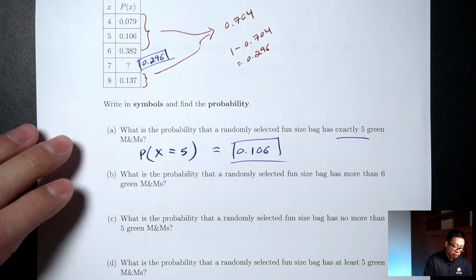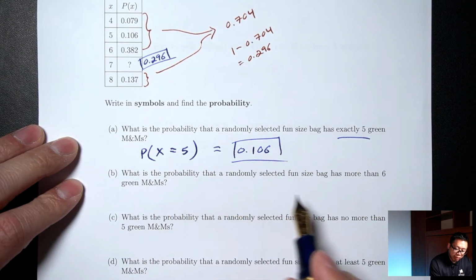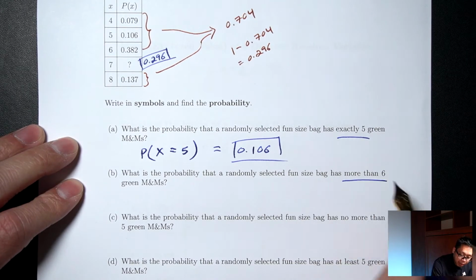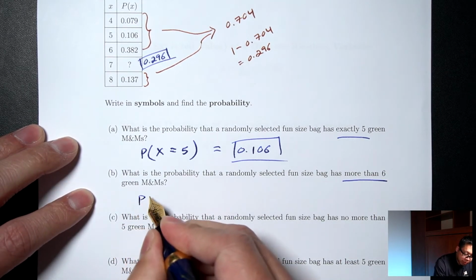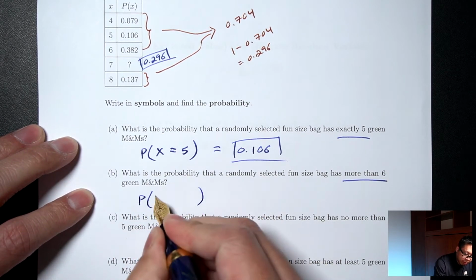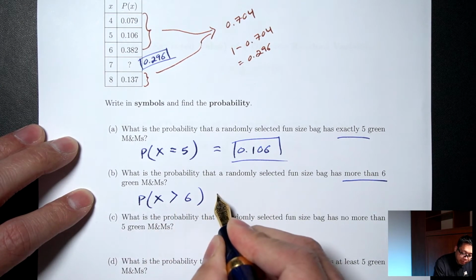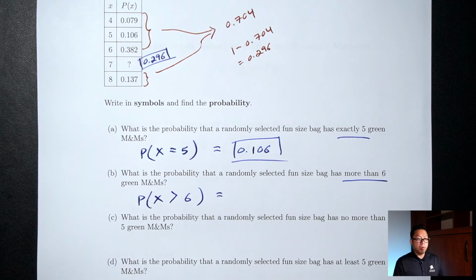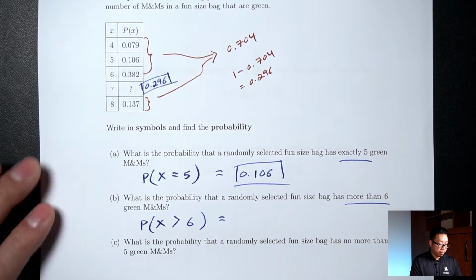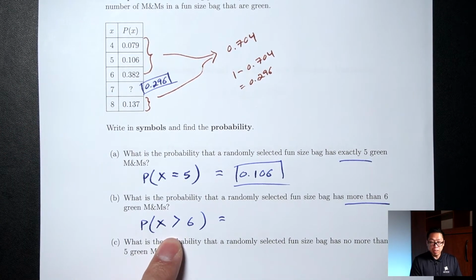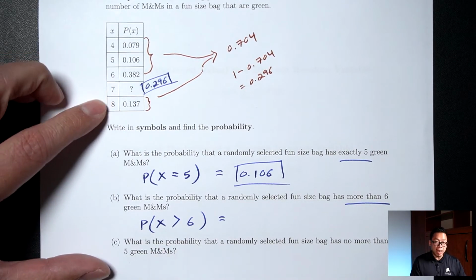Part B. What's the probability that a randomly selected fun-sized bag has more than 6? In symbols, more than 6 is greater than 6. So which x's are greater than 6? Greater than 6, remember, does not include the 6. So we're talking about the 7 and the 8.